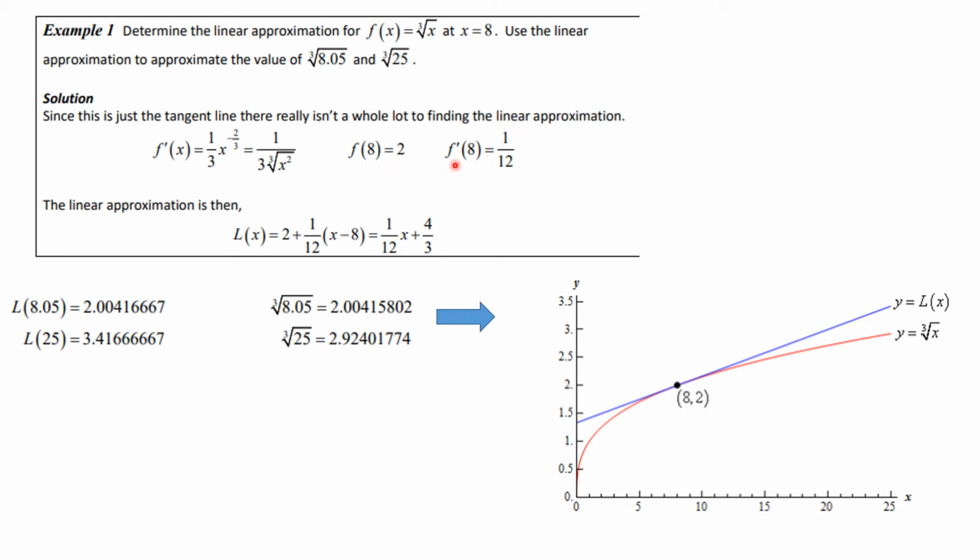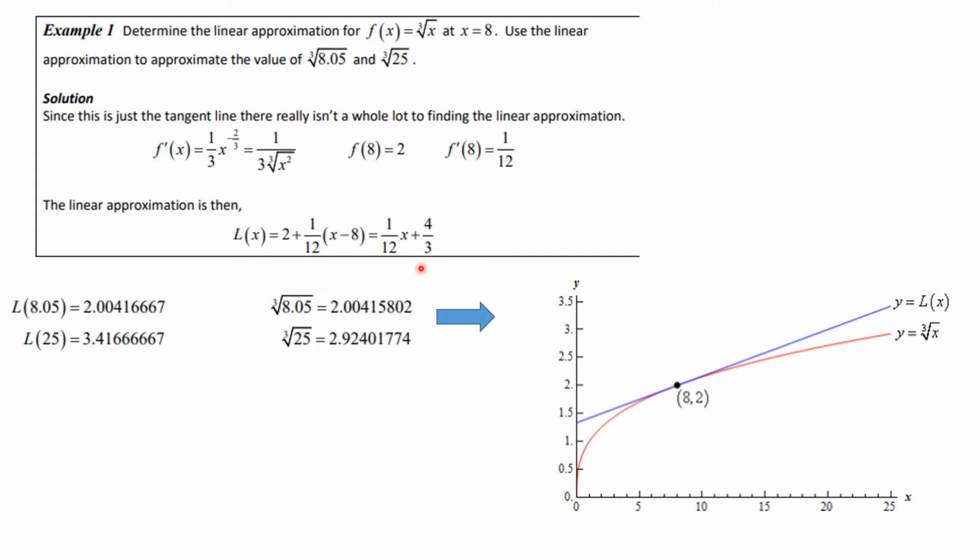And also the slope, f prime at 8, is found by substituting 8 into this derivative. Now, 8 squared is 64, and the cube root of 64 is 4. And so what I have is 3 times 4 in the denominator, so the slope is 1/12. So the linear approximation is L of x equals 2, that is f at our point of interest, plus 1/12, that is the slope, times x minus 8, and that can be simplified into this slope-intercept form.